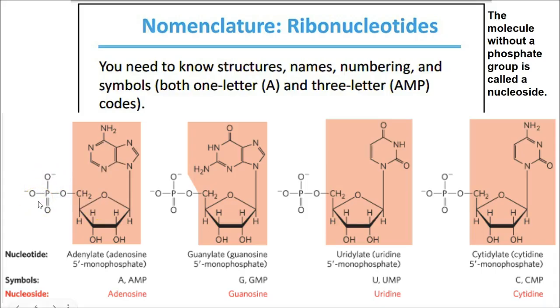So when you have the phosphate group, it's a nucleotide, which is right here. And when the phosphate group is missing, you have a nucleoside. They have different naming nomenclature as well. You have adenosine, guanosine, uridine, and cytidine.